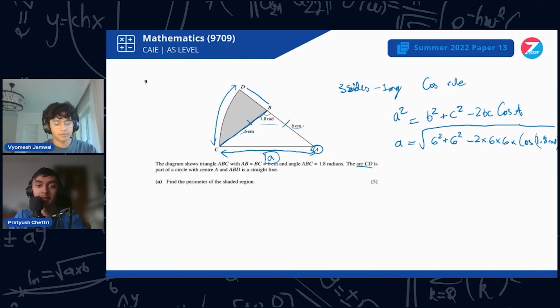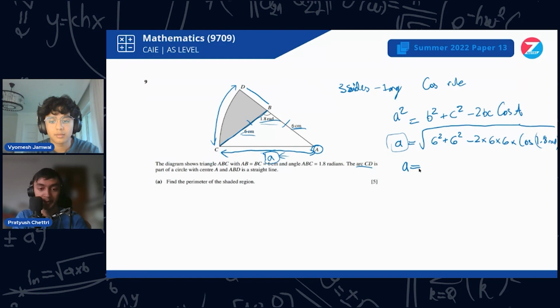So this side is A, and we want to find A. I'm going to substitute in the other side lengths, which are 6 and 6, and the angle, which is 1.8, into this formula here, which I've written out. That gives me the value of A, once I type this into my calculator, minus 2 times 6 cos.